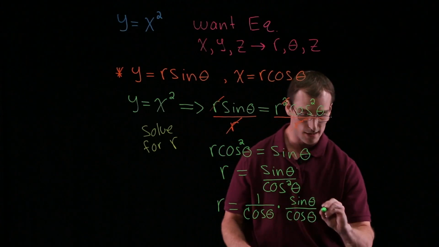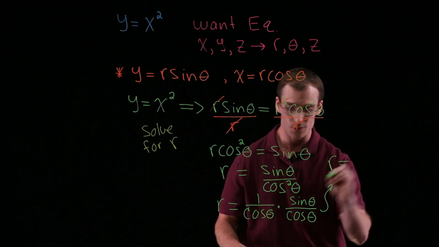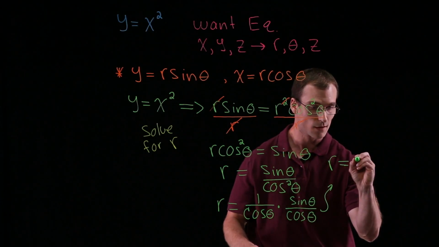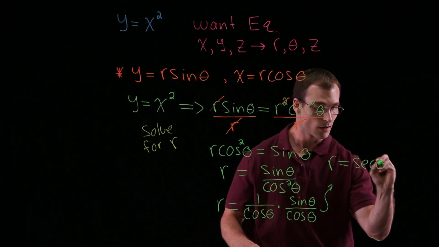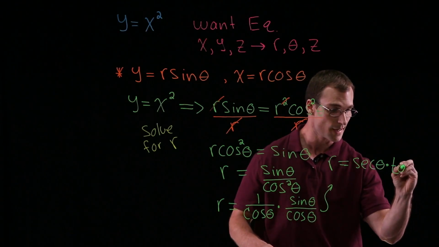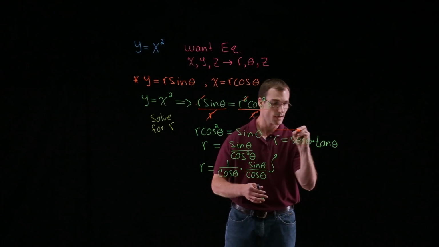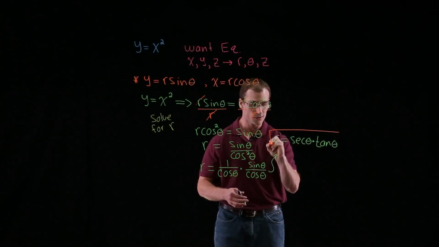And so what does that give us? That's going to give us that r is equal to 1 over cosine, that's secant theta, times sine over cosine, which is tangent theta. So there's our equation in cylindrical coordinates.